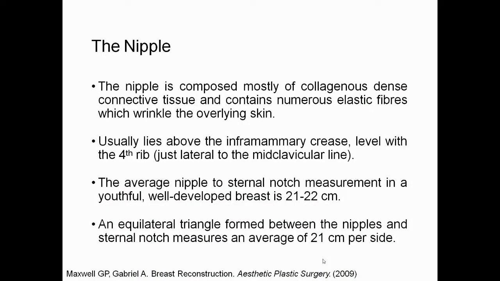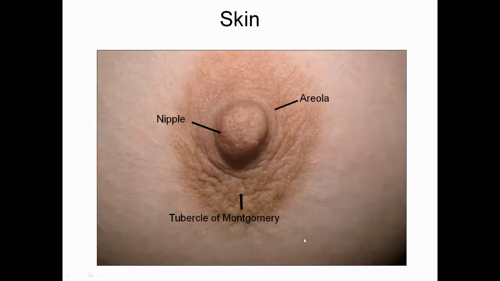The nipple is composed mostly of collagenous dense connective tissue and contains numerous elastic fibers which wrinkle the overlying skin. So that is the thing we can see here. This is the tubercle of Montgomery.